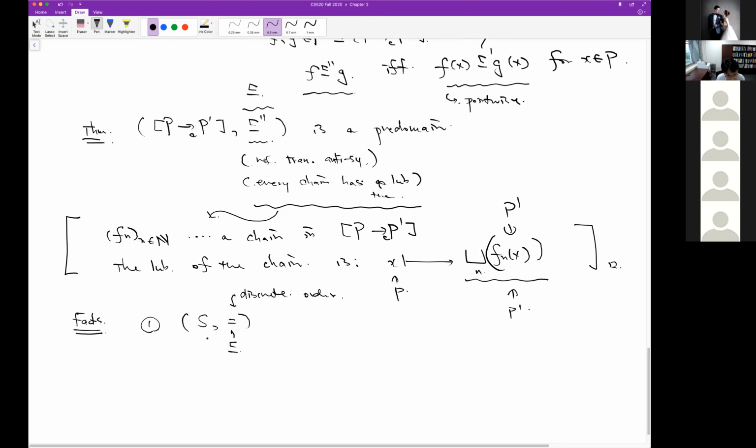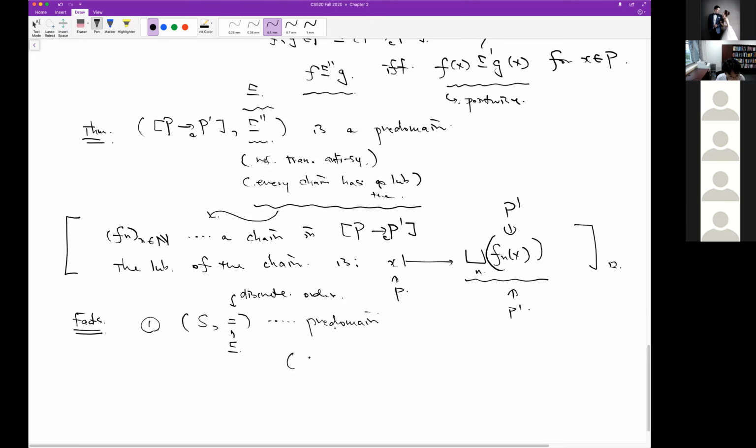If we have this set with discrete order, then this can also be understood as a predomain.